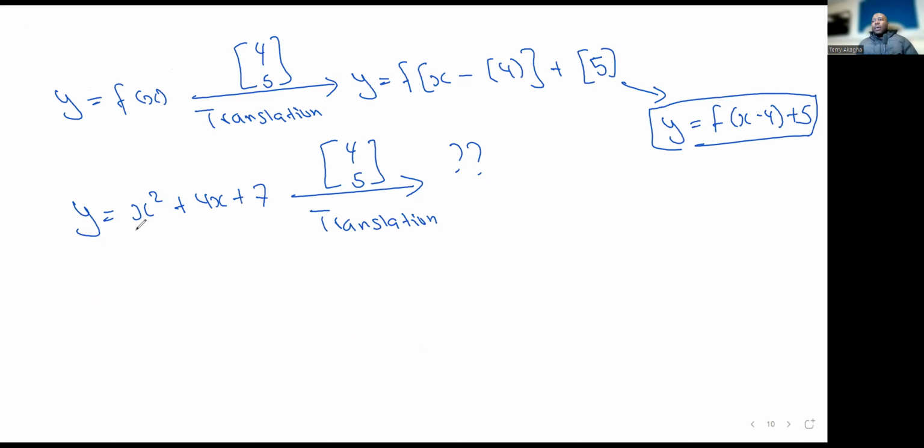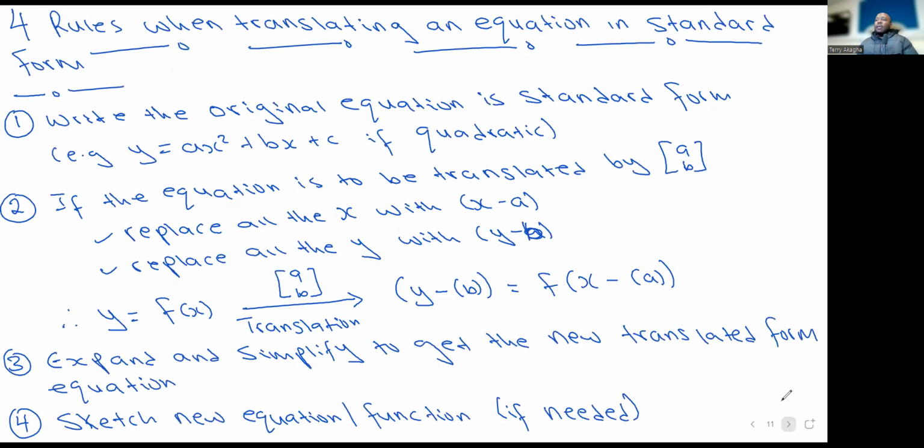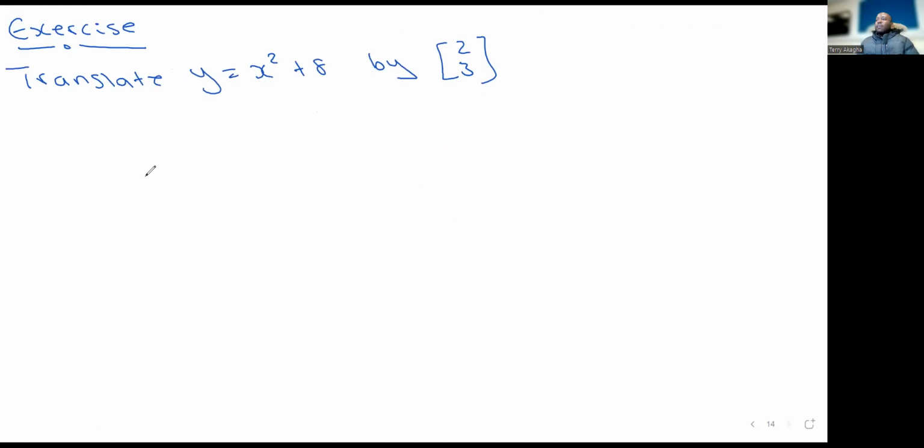In this case, we're given the real equation and we're asked to translate. So basically, we're told to translate y is equal to x squared plus 8. It's going to undergo a translation of 2 and 3. What is going to be the new equation?